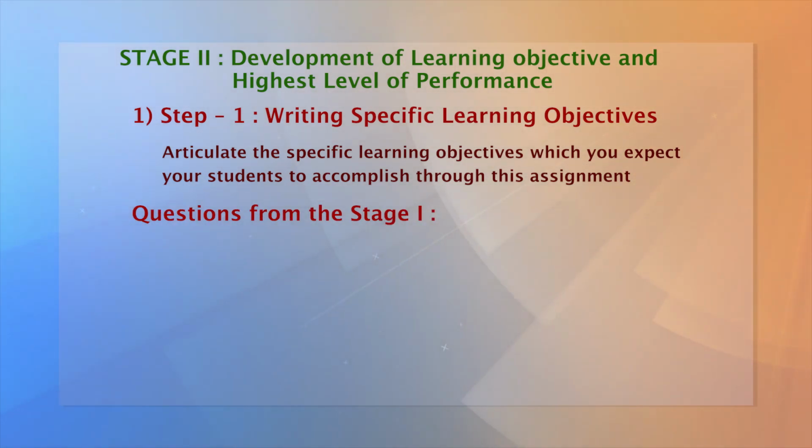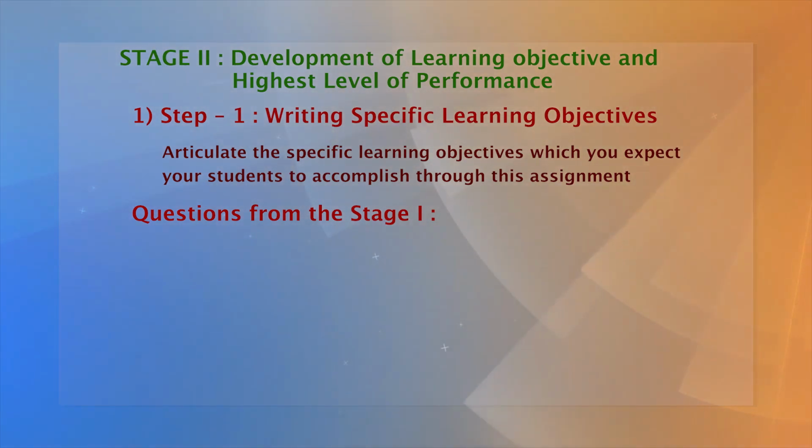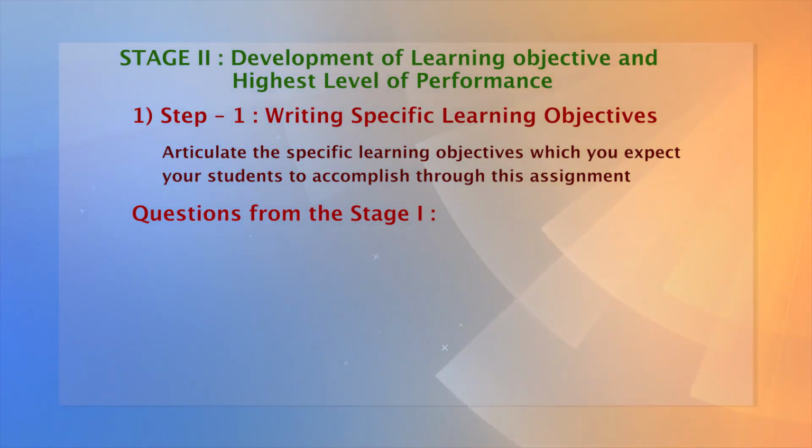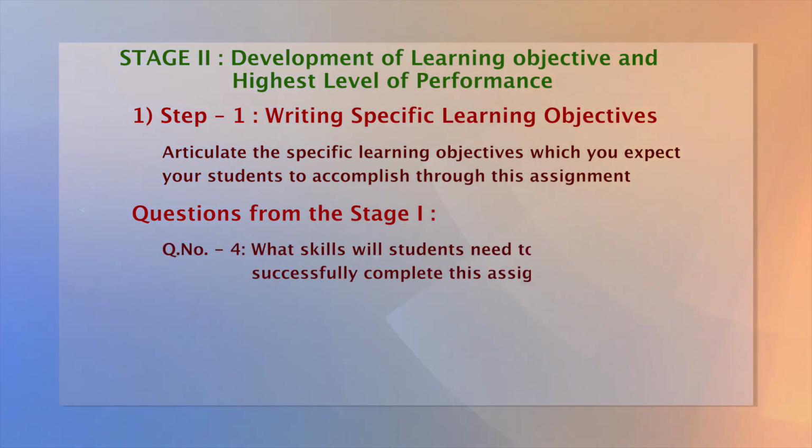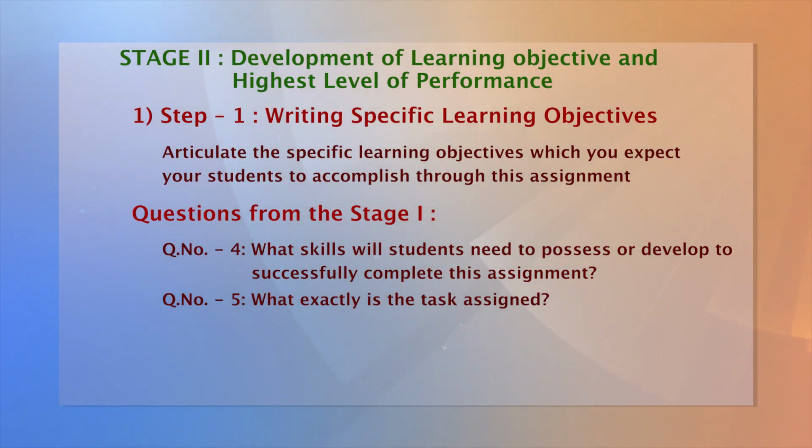In this endeavor, the answers of the question number 4, 5 and 6 from stage 1 will guide you. That is, what skills will students need to have or develop to successfully complete this assignment? What exactly is the task assigned?